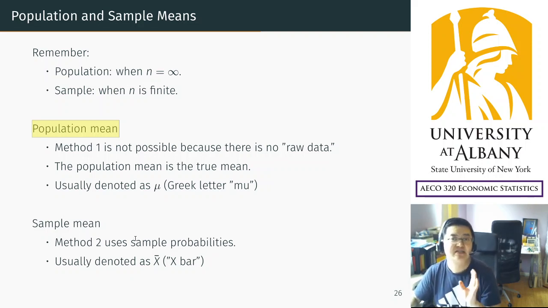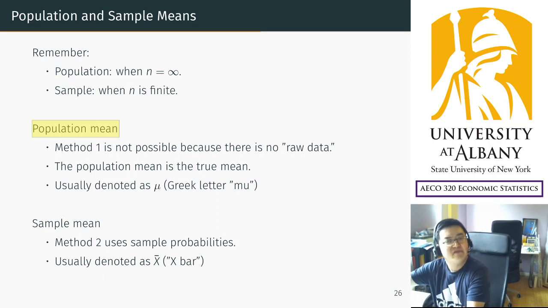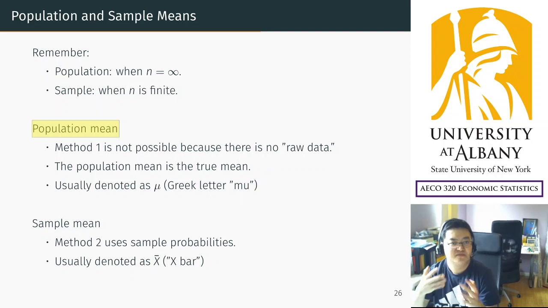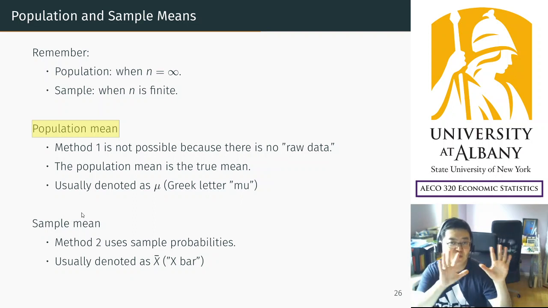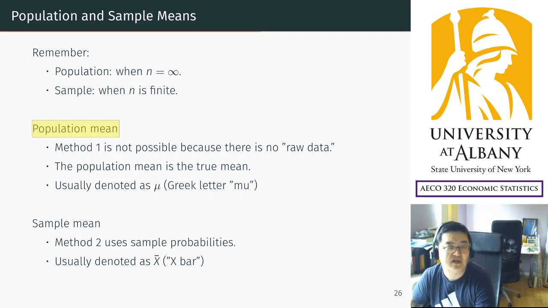That's the difference. Sample probabilities are the probabilities calculated from finite observations. Exactly what I have shown you with 10 observations is how we calculate the sample mean. And the sample mean is usually denoted as x bar. When you put a flat bar on top of a random variable, it usually denotes the sample mean of the random variable.